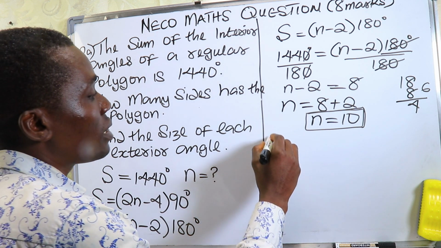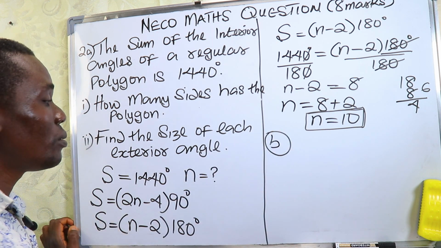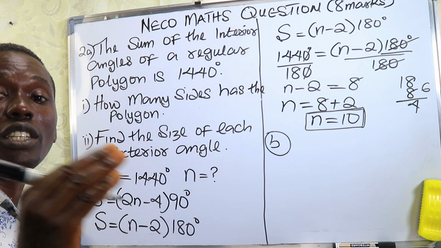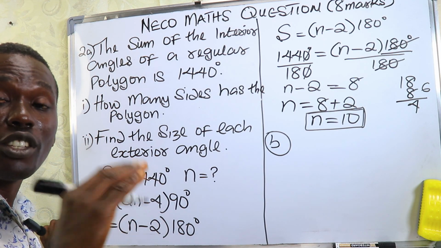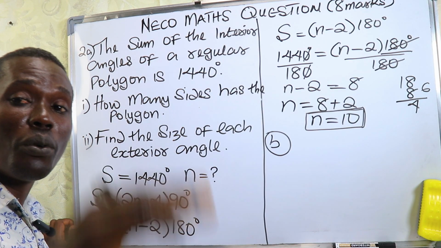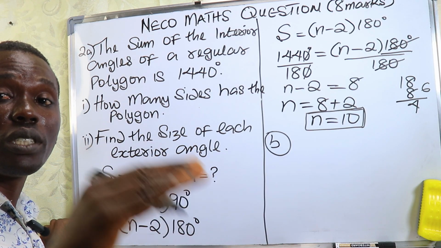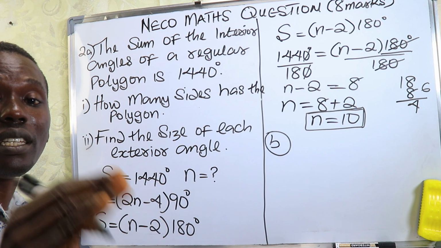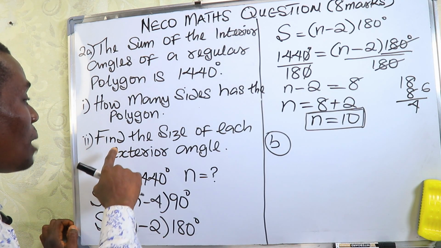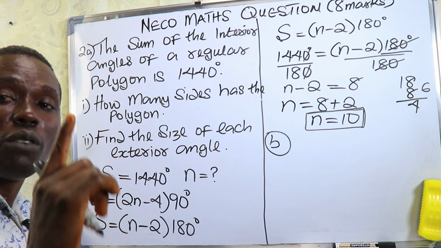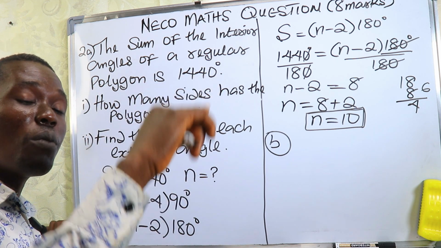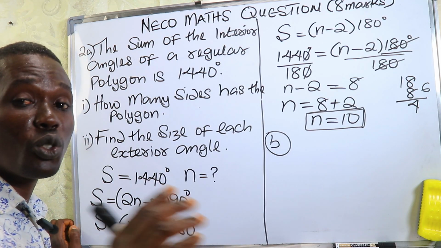So in the B part, if you are asked to find the size of the exterior angle, if we calculate the exterior angles of any polygon, the sum is always equal to 360 degrees.